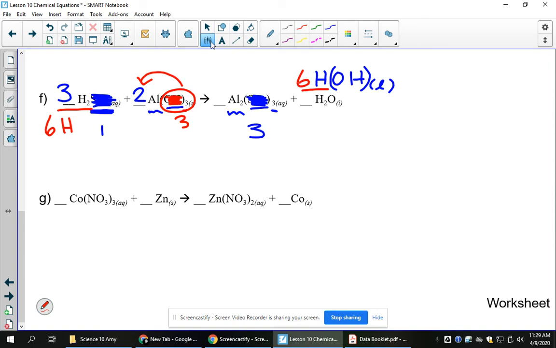So if I put a 6, now I've got 6 hydroxides, which is 2 times 3, and I have 6 hydrogens, and over here 6 hydrogens. So this is a nice trick. Change your H2Os to HOHs if you have hydroxide, and it'll be easy to balance the H and the OH separately.